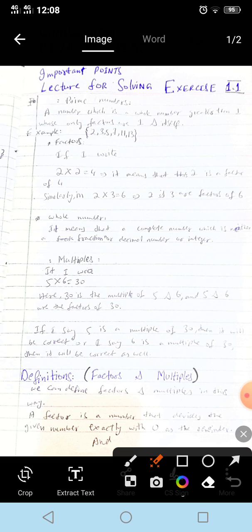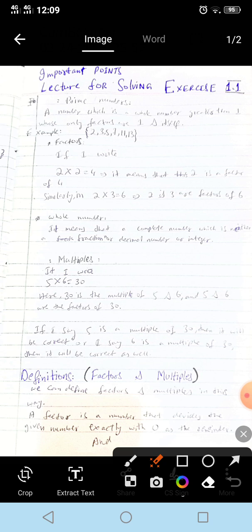I have a question for you. If I say 6 is a factor of 30, is it right? And if I say 30 is a multiple of 6, 5 and 6 are the factors of 30, and 30 is the multiple of 5 and 6.